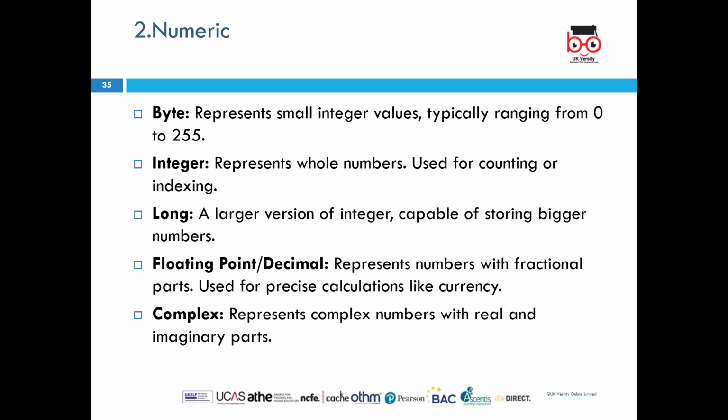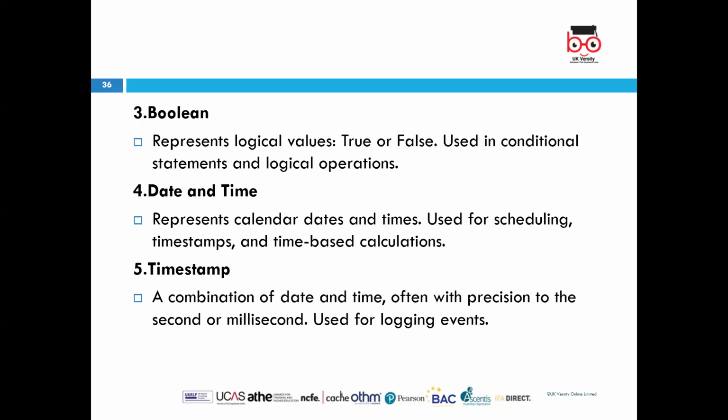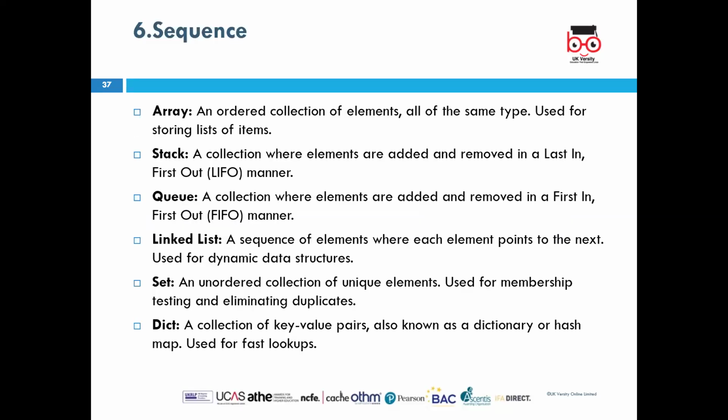Depending on the values we're going to work with, we choose the appropriate numeric data type. Boolean again allows us to check if our condition is true or false. Date and time represent calendar date and time. Timestamp is a combination of date and time, often with precision to the second or milliseconds.